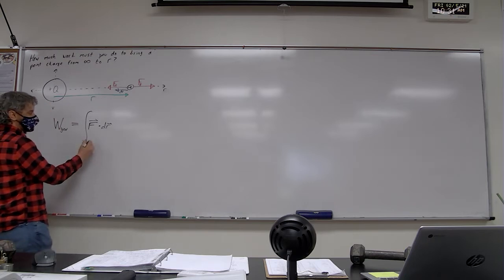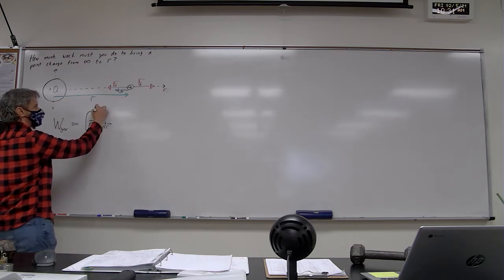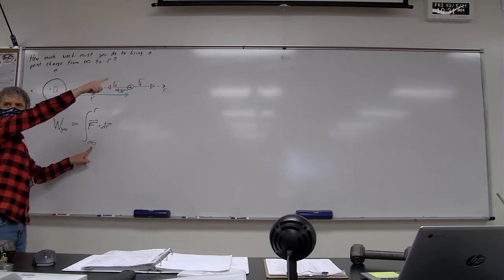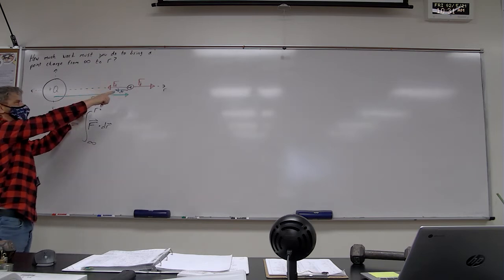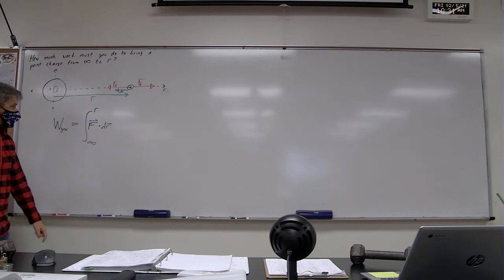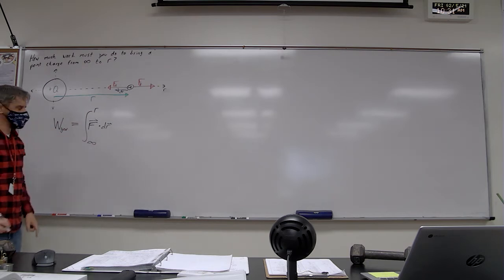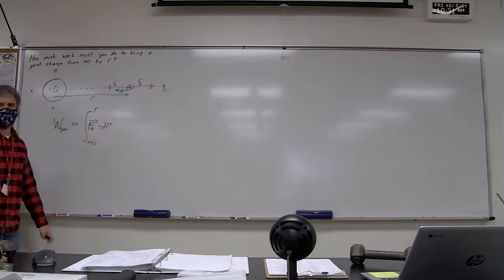We're going from R equals infinity, way out there, to R equals R, right there. If we're talking about the work that you, or Gianni, are doing, then it's the applied force dotted with dr.